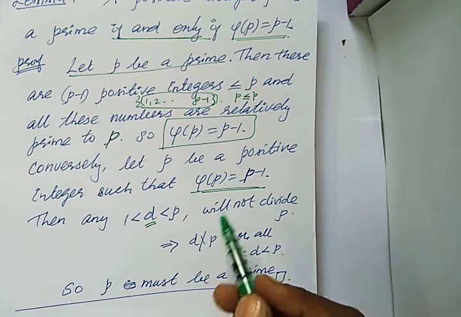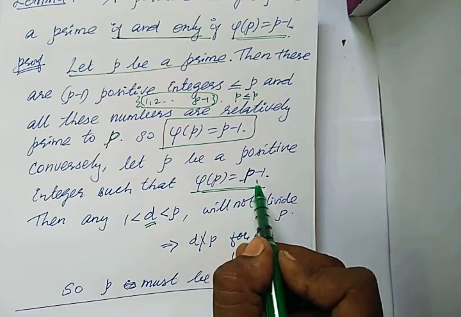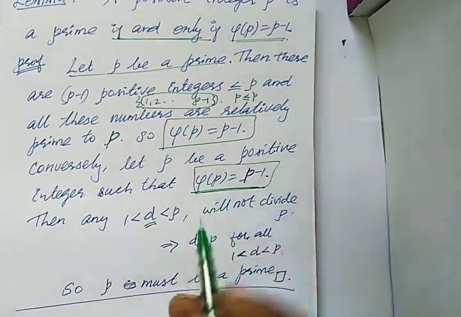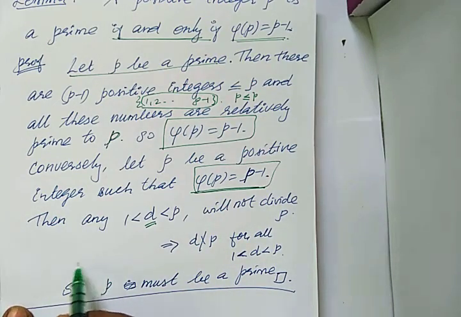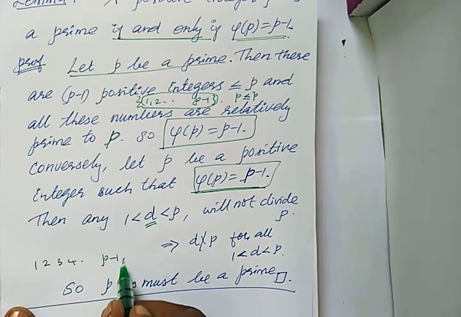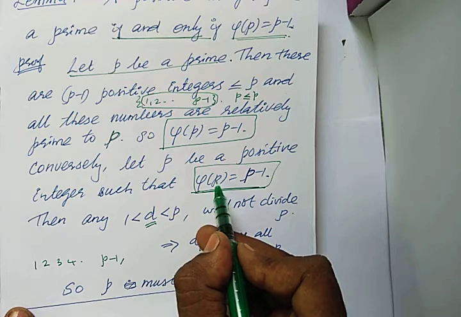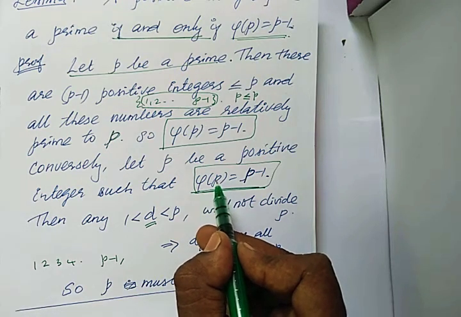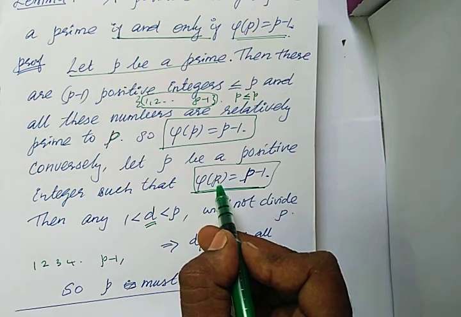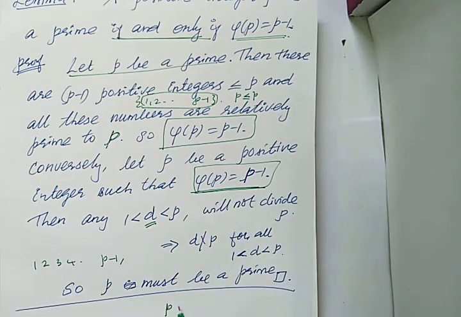Because phi of p is equal to p minus 1. Below p there are 1, 2, 3, 4, up to p minus 1, and the number p is not relatively prime to p, if p is greater than 1.